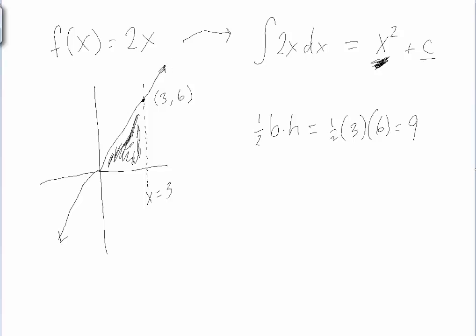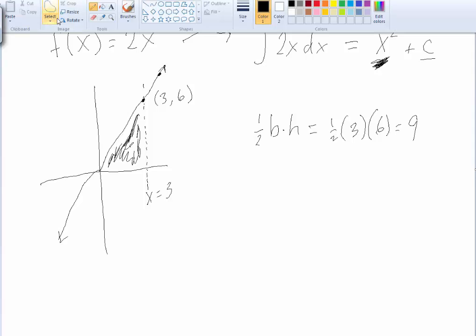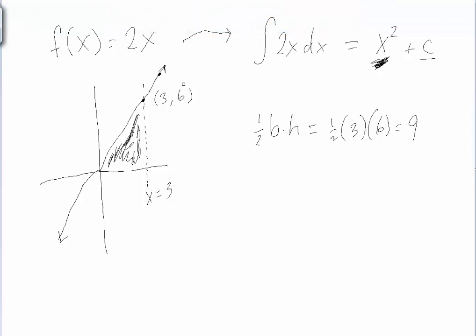What happens if we take the point, let's say, let's clear some of this out. So we take an x value equal to 5. So we've got the point up here, 5, 10.